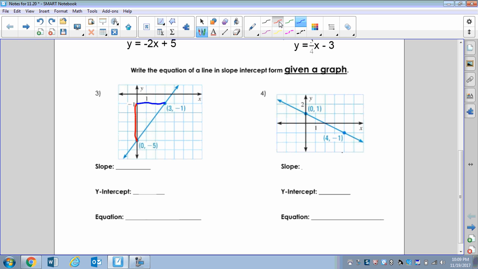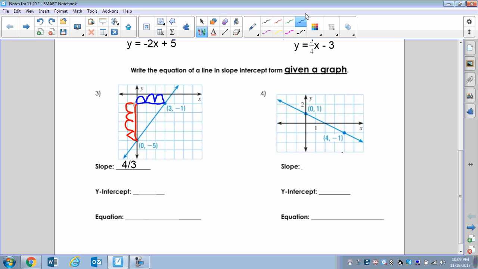I can count from my first point on my left, 1, 2, 3, 4. And then I will count over, and I get 1, 2, 3. So the slope becomes 4 divided by 3, or 4/3, and that becomes our m.